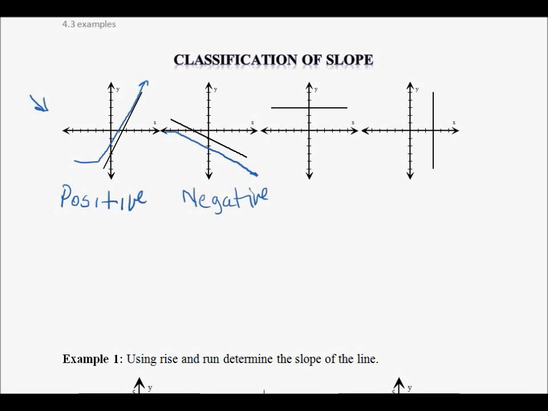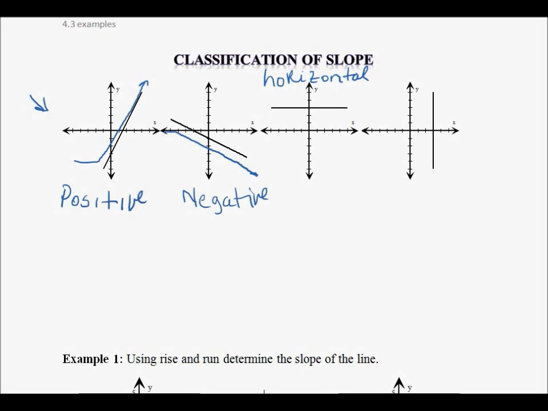On the next one, left to right, it doesn't matter. This is just a horizontal line. And in a horizontal line, you have a run.